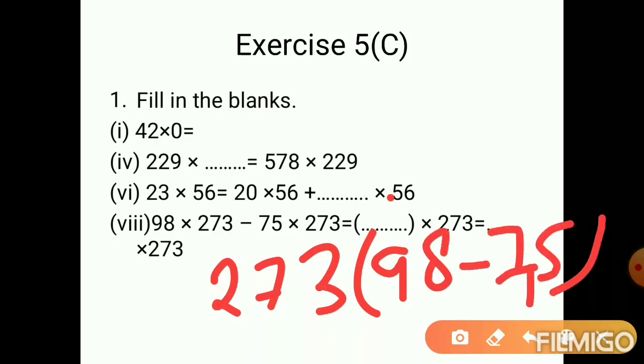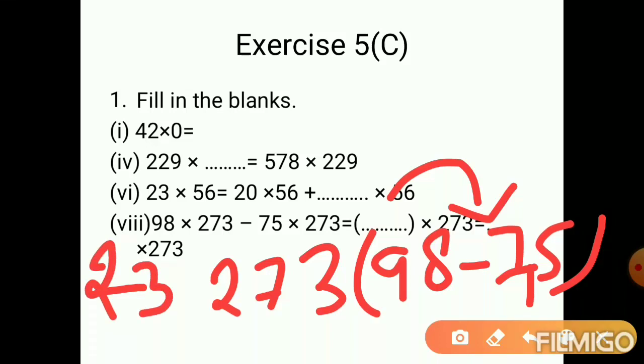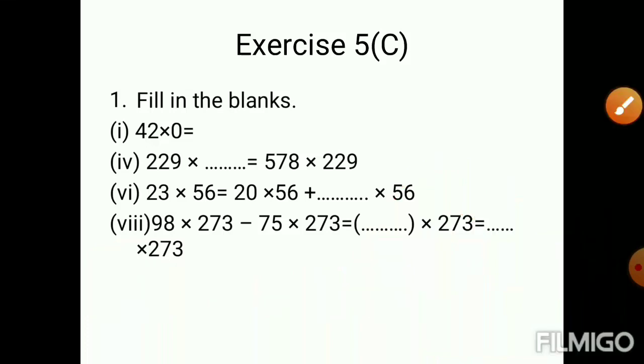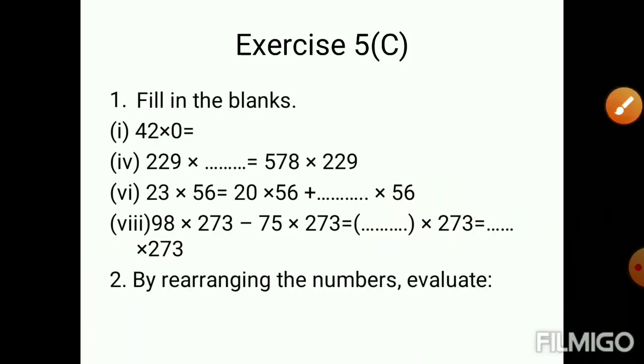So in this blank we will write 98 minus 75, and 98 minus 75 is 23. So my answer will be 23 into 273.